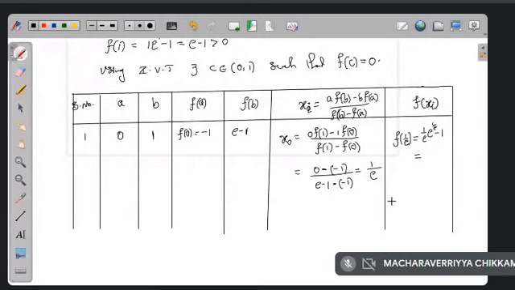Use calculator. For regula falsi method, you must carry a calculator. Is it positive or negative? Negative, sir.